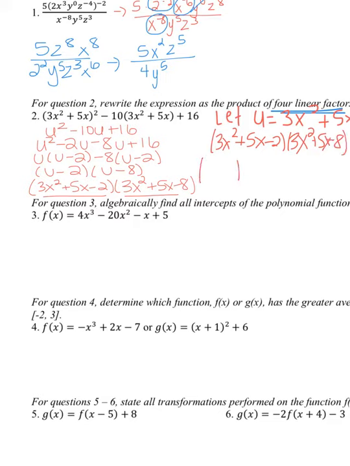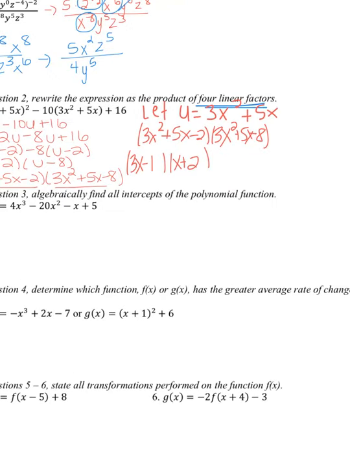Your answer, when you factor 3x squared plus 5x minus 2, you should get 3x minus 1 times x plus 2. And then on the other side, when you factor 3x squared plus 5x minus 8, you should get 3x plus 8 times x minus 1.